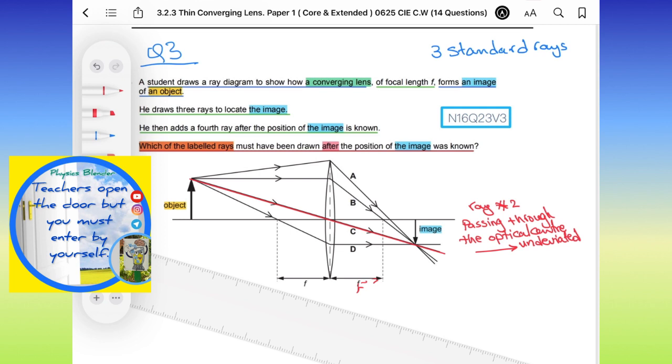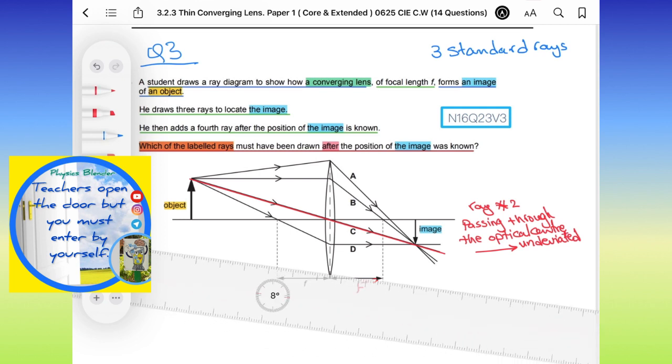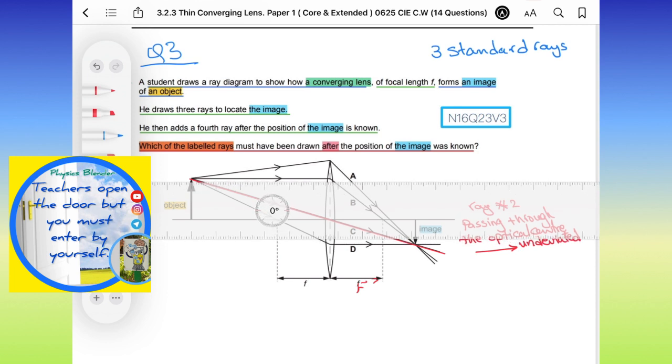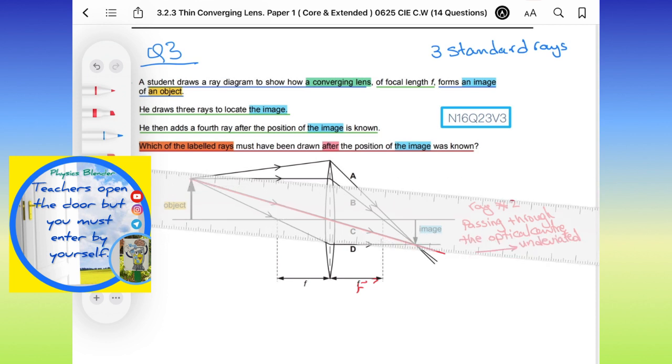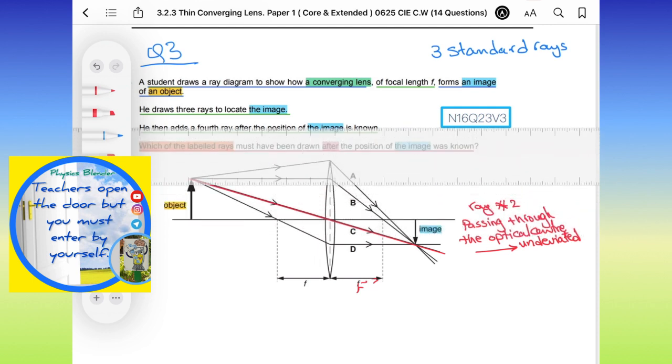It will continue in a straight line without any refraction. Okay, ray number 1 is parallel to the principal axis. You can find the principal axis here, this line where the object is located. This line we call the principal axis.